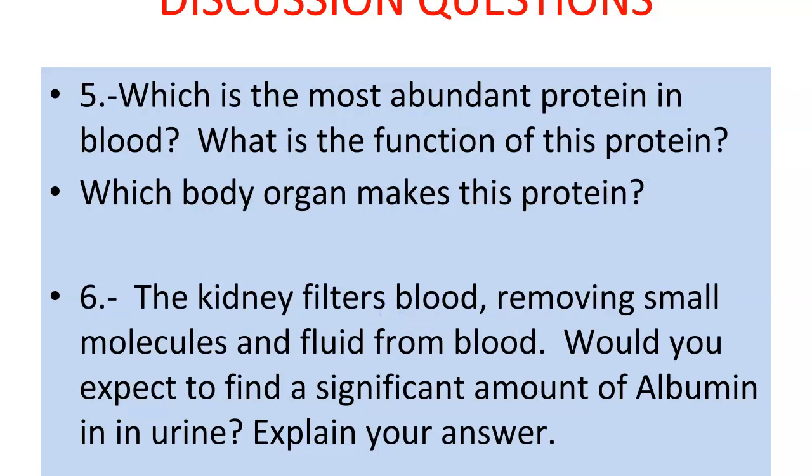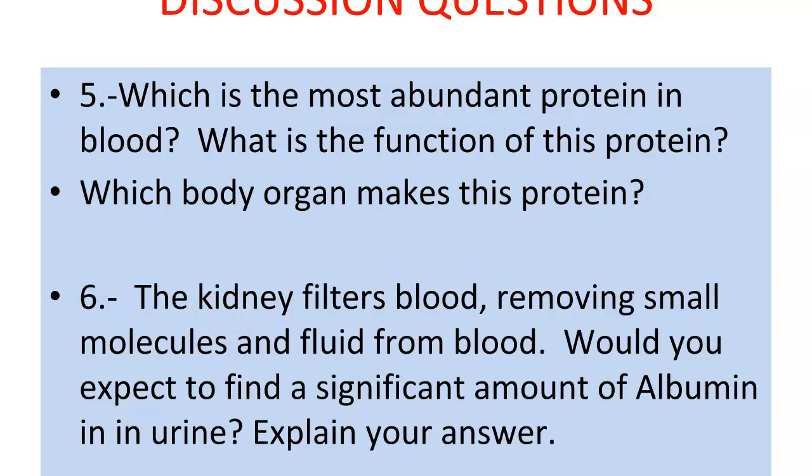You should know which are the 3 proteins found in blood: albumin, globulin, and fibrinogen. You should know the most abundant being albumin. And you should also know the function of albumin and the body organ, the liver in this case, which makes the protein. Now, this question talks about the kidneys filtering blood.